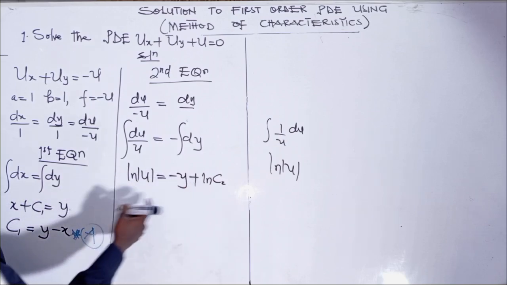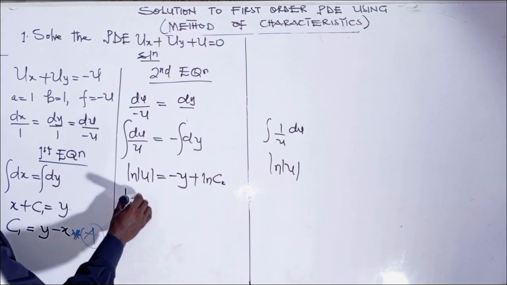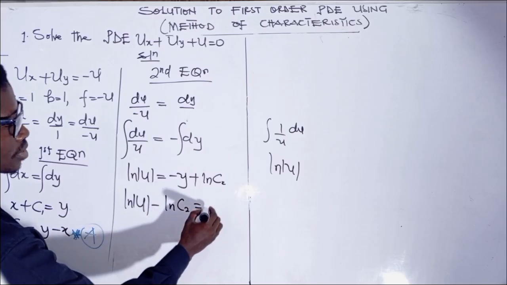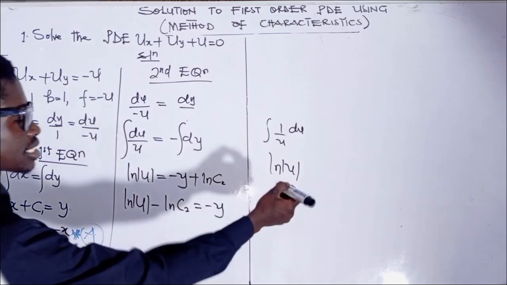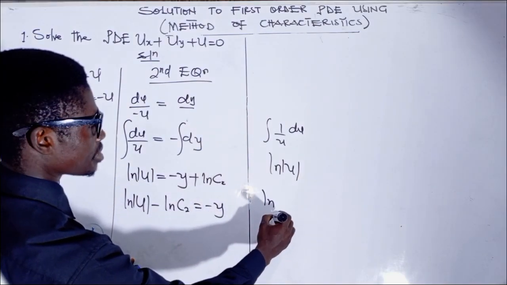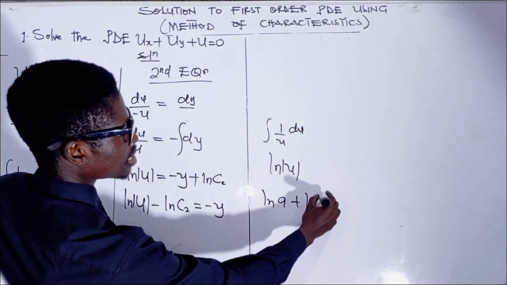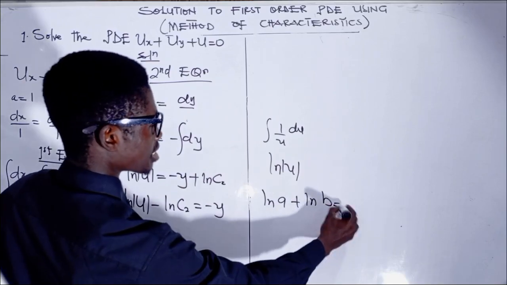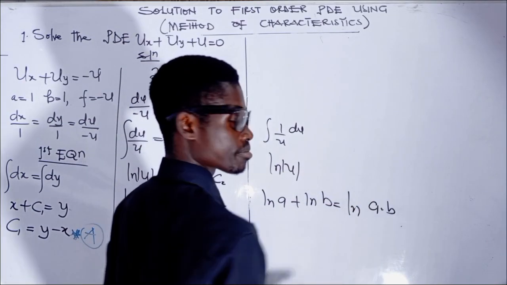So we can decide to bring ln c2 to the left hand side to have ln u minus ln c2 is equal to minus y. Now this is just natural log. So when you have, let's say, ln a plus ln b, applying some of the properties of logarithm, you can write this as ln of a multiplying b.